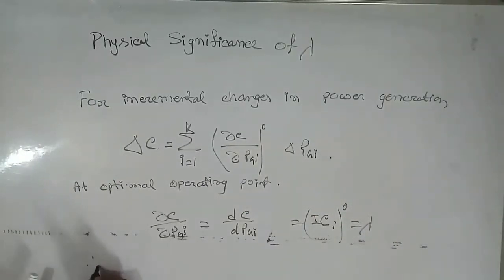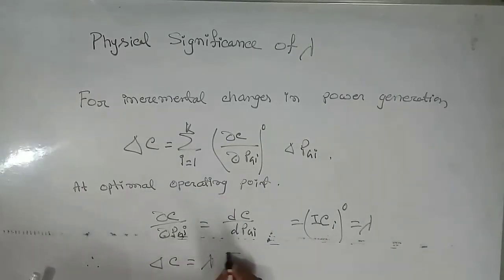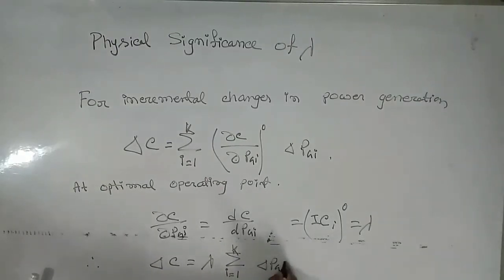Now delta C is equal to lambda times summation i equals 1 to k of delta PGi.